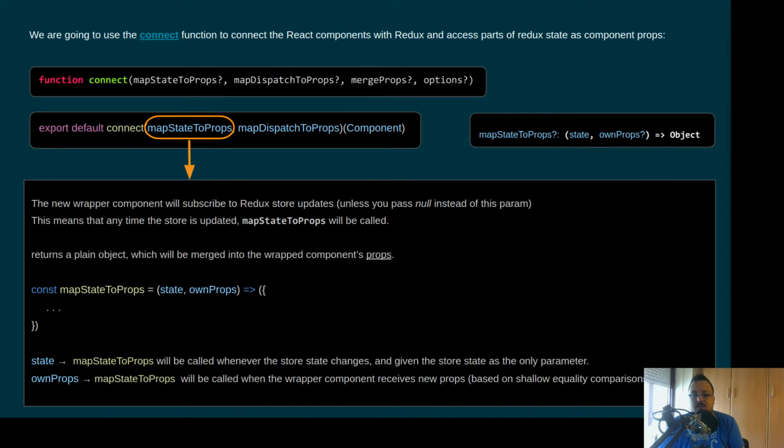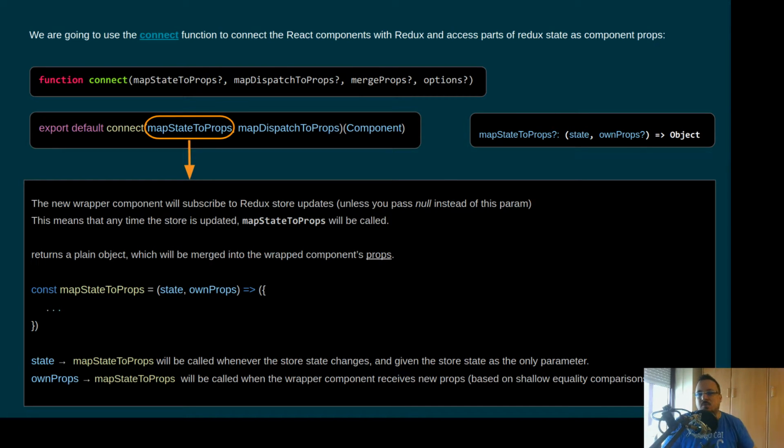So the first argument is mapStateToProps. If you pass this argument, the component will subscribe to the Redux store updates. If you want to be subscribed to the Redux updates, usually you would.